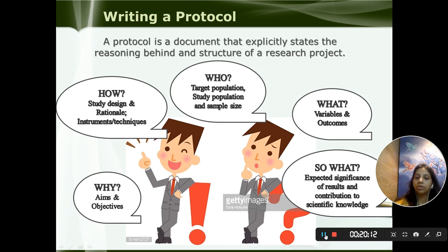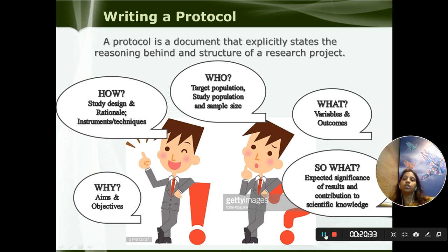Okay, so that is the difference between study population and target population. Study population is the part of target population, and study population will represent the entire target population. Okay, sample size is the number of individuals who are going to be a part of your study.